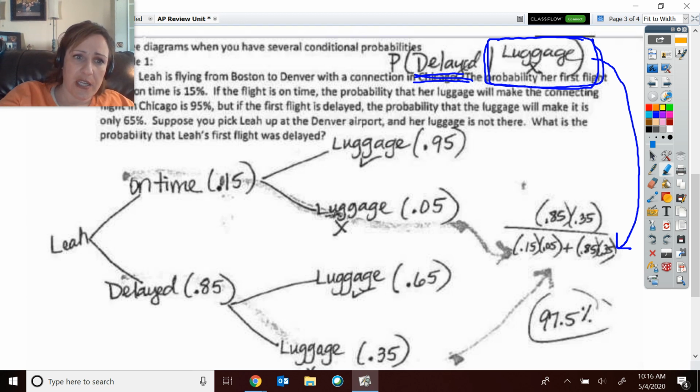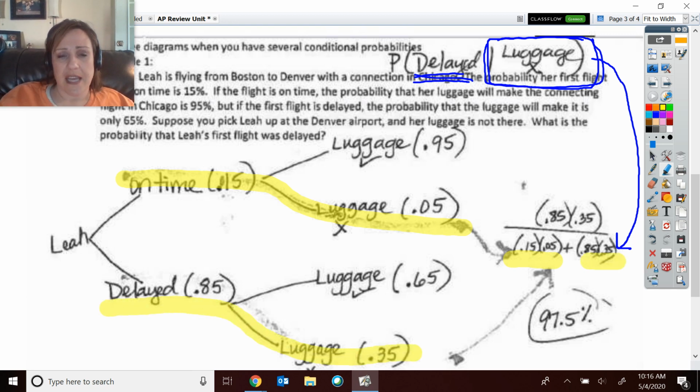So here is the luggage not getting there, and that's that. Here is the luggage not getting there, and that's that. So luggage not there, but she was on time. Luggage not there, but she was delayed.